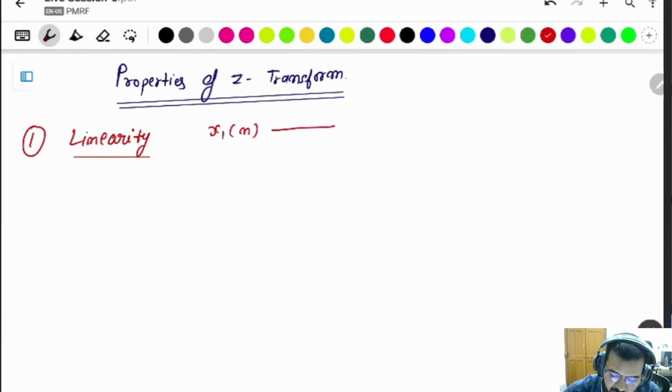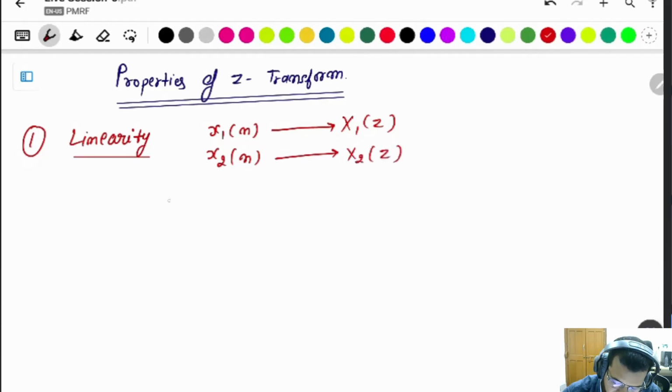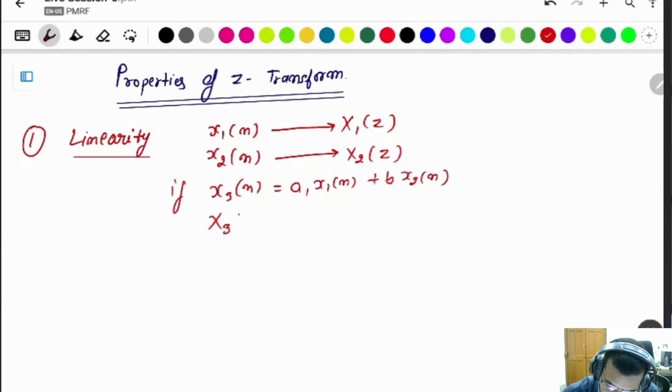The z transform of x1[n] will be X1(z), and the z transform of x2[n] will be X2(z). Then if there is a function x3[n] which is the combination a x1[n] plus b x2[n], the z transform of this function will be a X1(z) plus b X2(z).